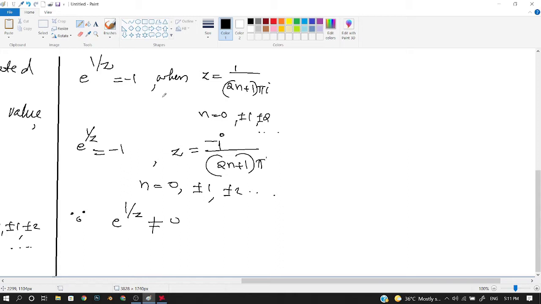Since e raised to 1 by z is not equal to 0 for every value of z, 0 is the exceptional value in Picard's theorem.